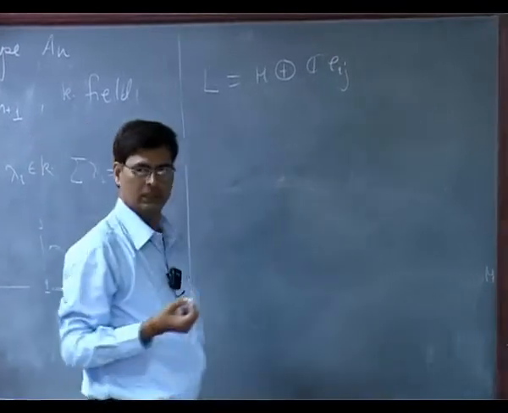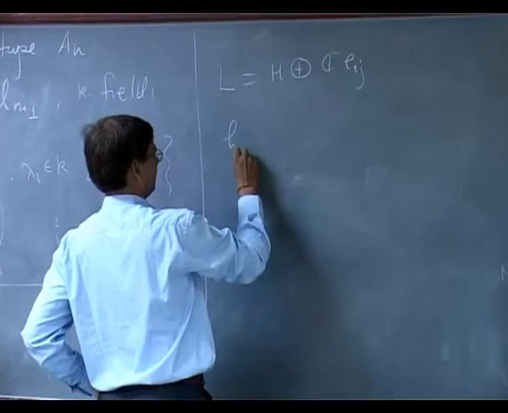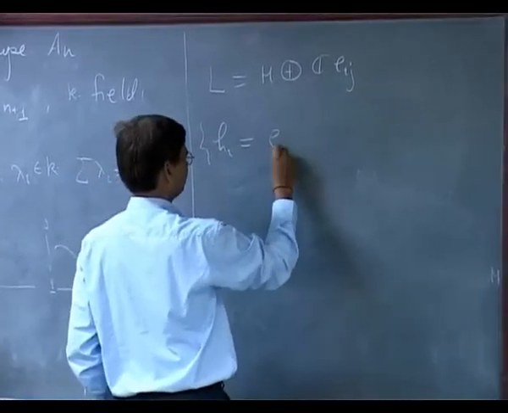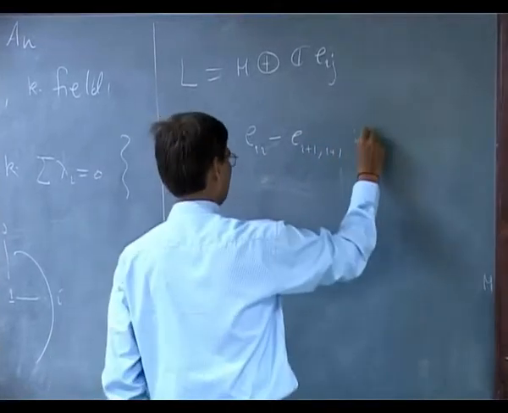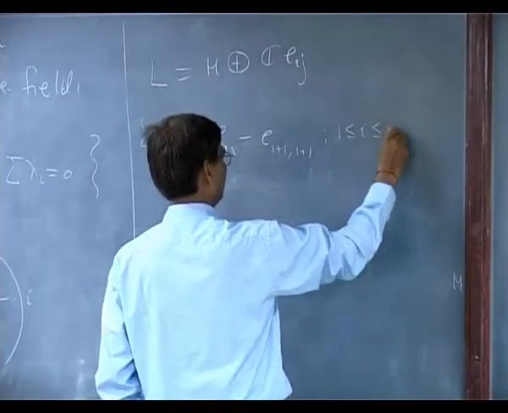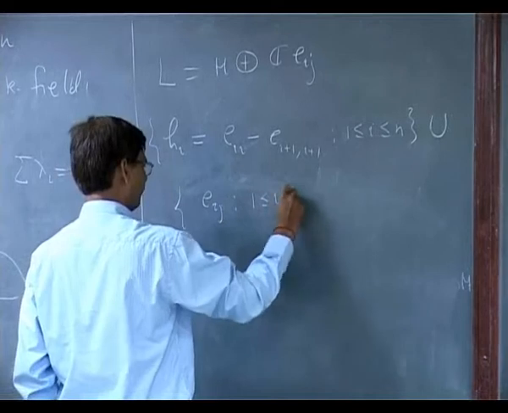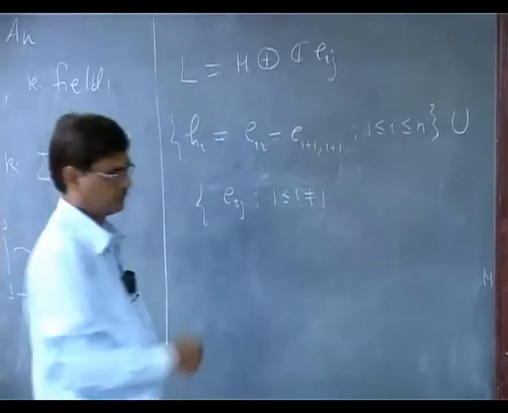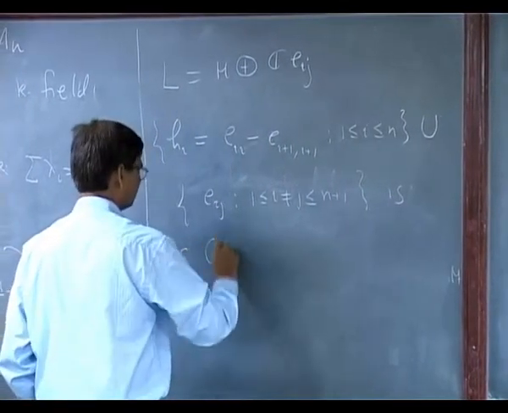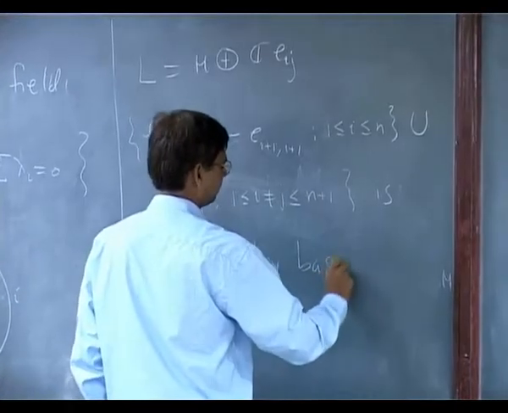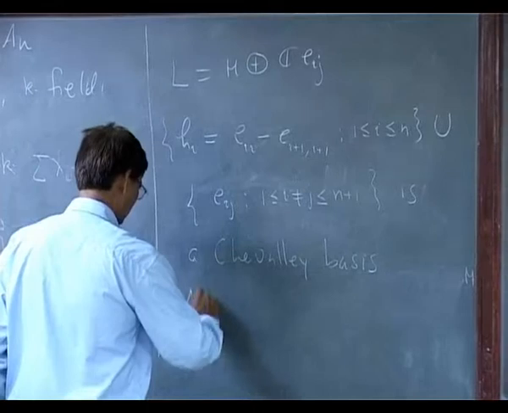Now we gave an exercise yesterday to find a Chevalley basis of this Lie algebra, and you might have seen that if I take H I equal to E I I minus E I plus 1, I plus 1, for 1 less than or equal to I less than or equal to n, union E ij, for 1 less than or equal to I different from j less than or equal to n plus 1, then this is a Chevalley basis. Now take your lattice M.